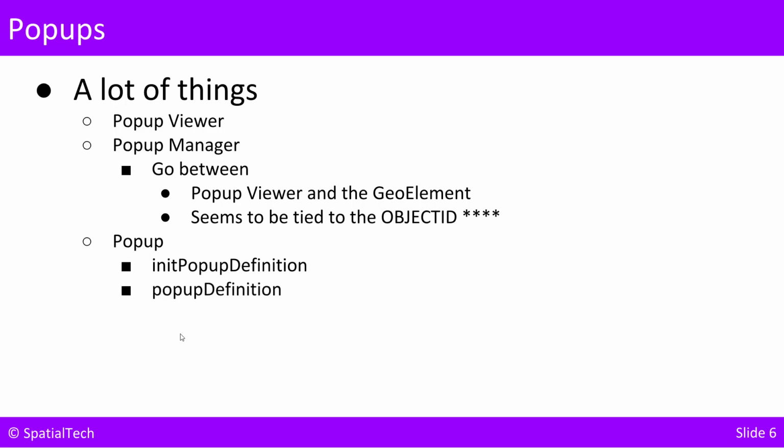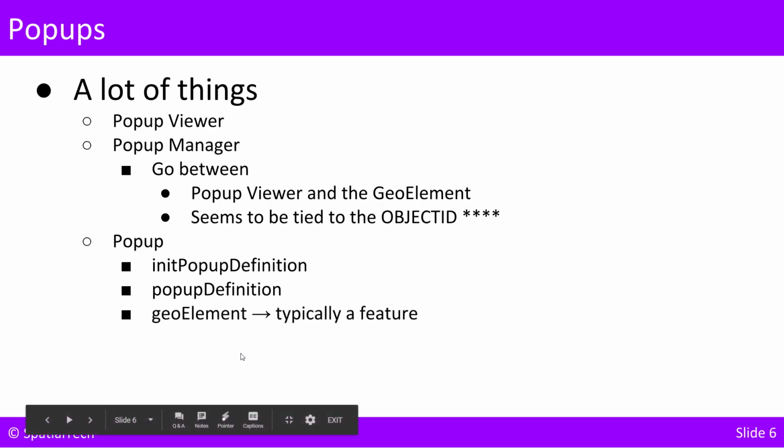And then there's a pop-up definition that you can change. Maybe you want to simplify the pop-up even more on the device, or maybe the device has some interesting ways of formatting certain data types. So you can change the initial pop-up definition on the fly.